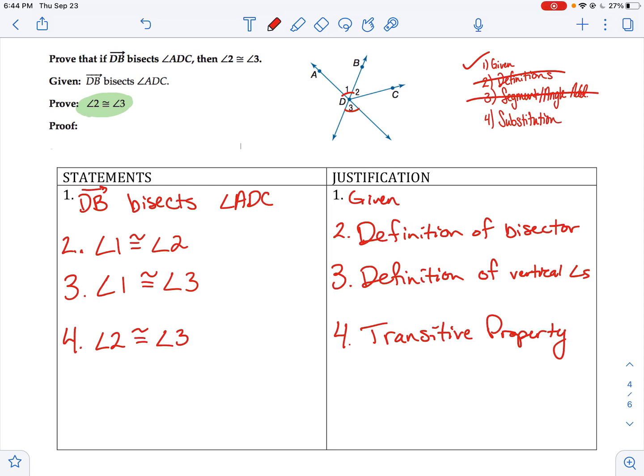So a bit of a shorter proof, but I got where I wanted to go. That's our angle addition 2.8 unit with a little bit of 2.7 thrown in there just for good practice.